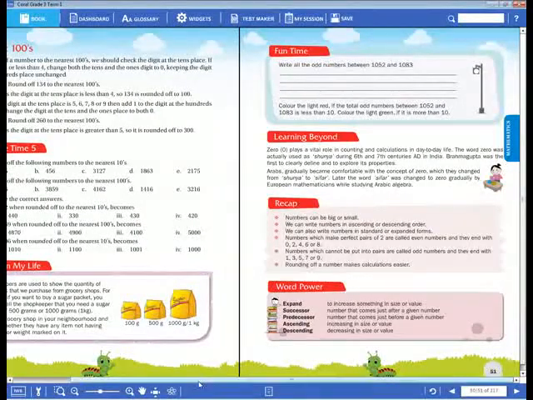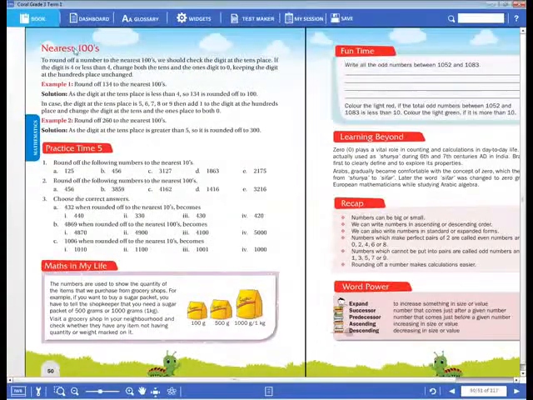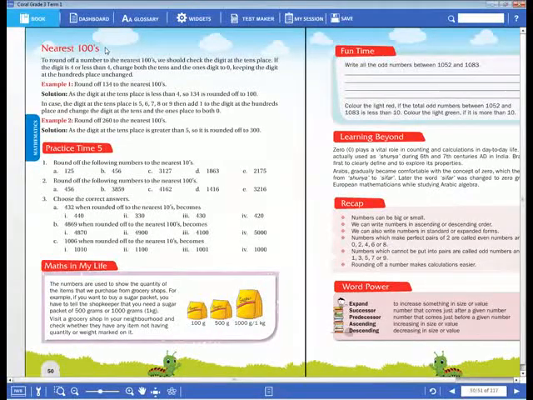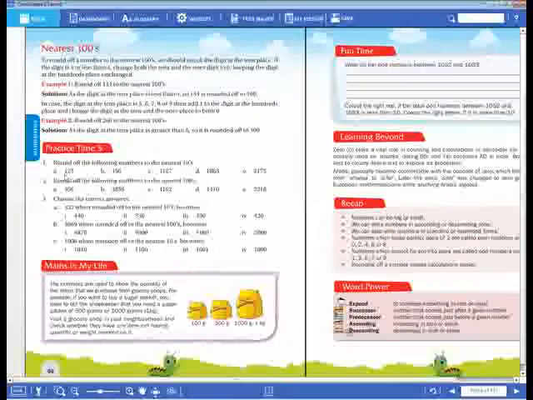Next one is nearest hundreds. How do you find the nearest hundreds? For example, 125 is there.